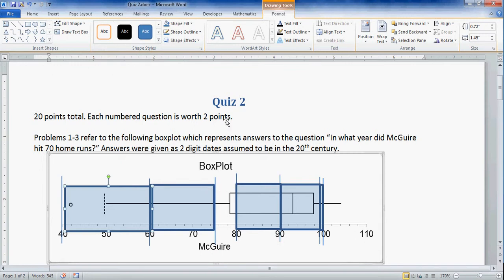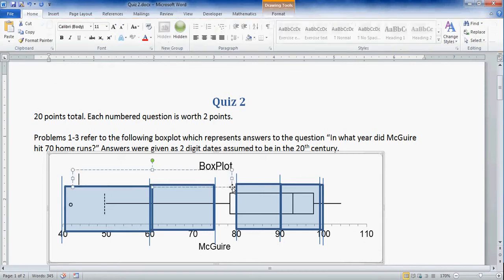So from here to here, I'll put a text box up here. This is going to be 25% of the data, and it's going to go from the bottom end all the way up to that first quartile, right about there.